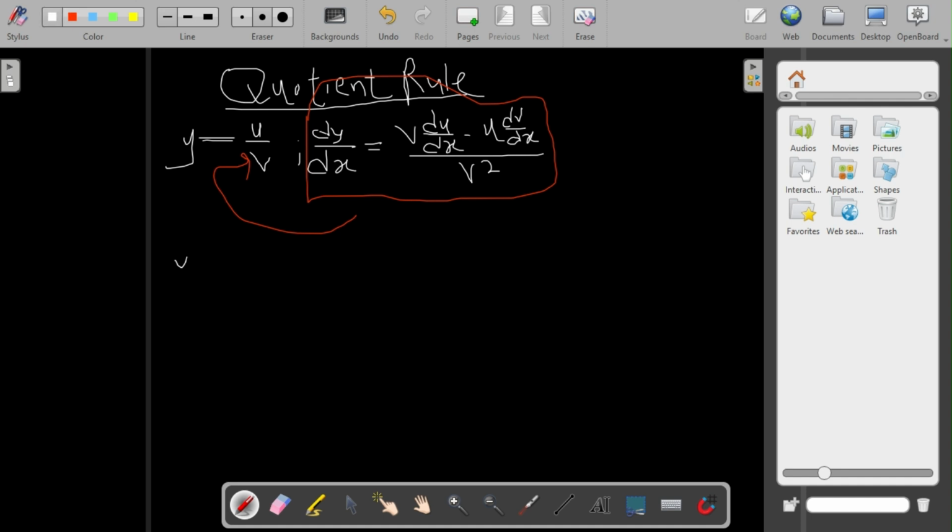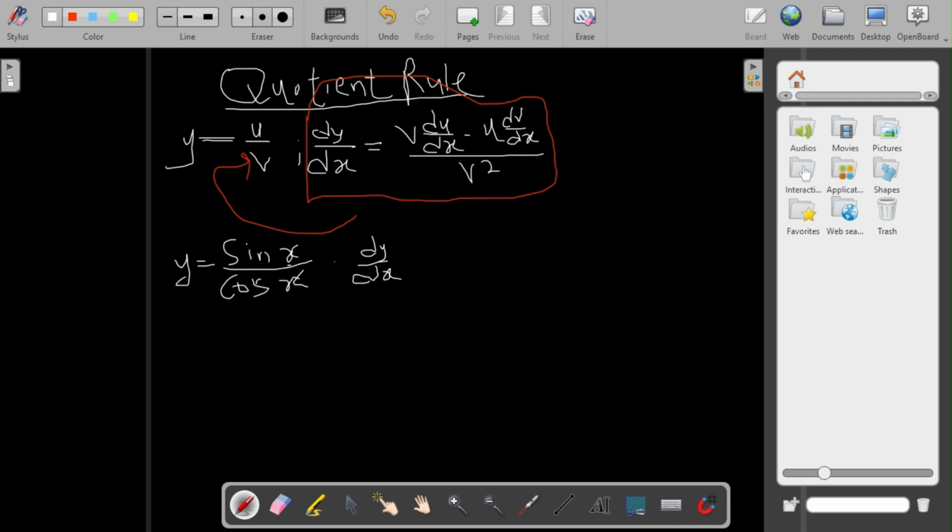Example 1. If I have y equals sine x over cos x, now the question is find dy/dx. This is a very straightforward question because there's a pattern we'll use to solve this, and that's using the formula.